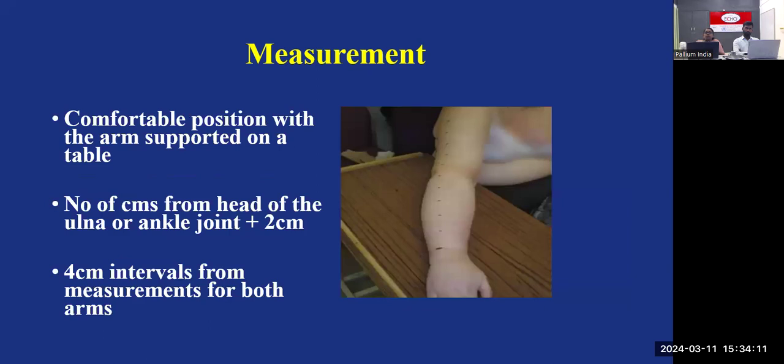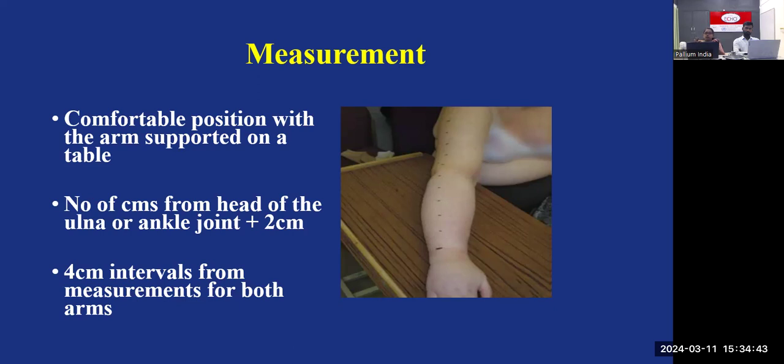Before doing the active management, you have to take a measurement, because we should know which limb is huge and what is the difference between the affected limb and the non-affected limb. So when we do the first-time assessment, you have to take both limb measurements, the affected limb and the non-affected limb.